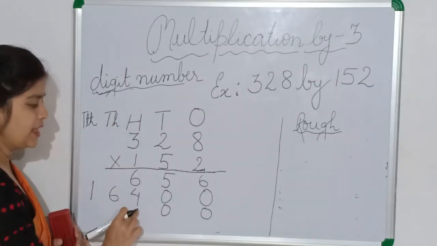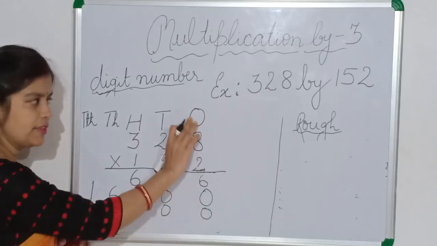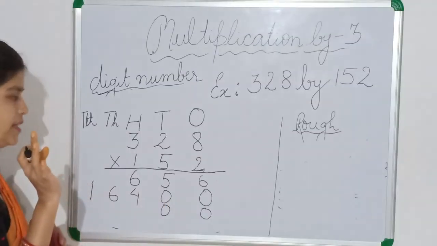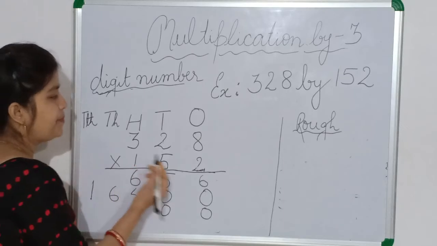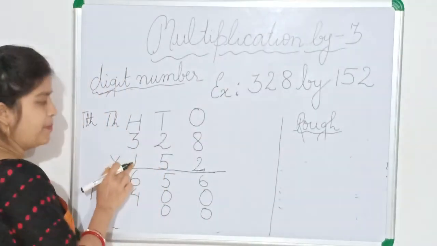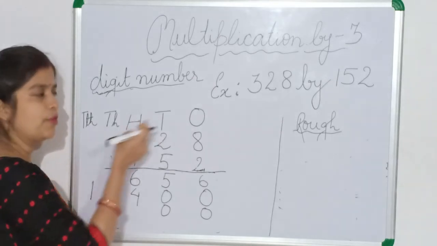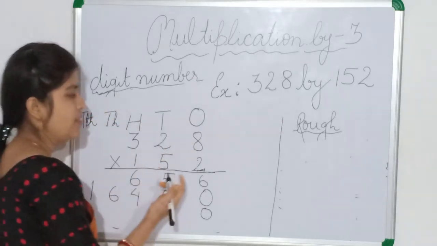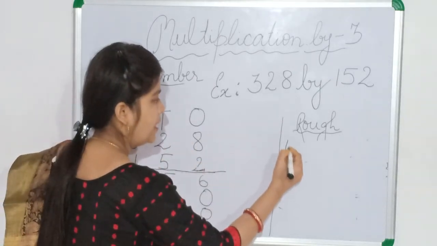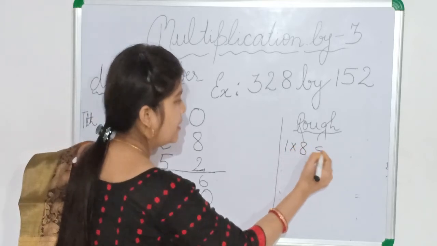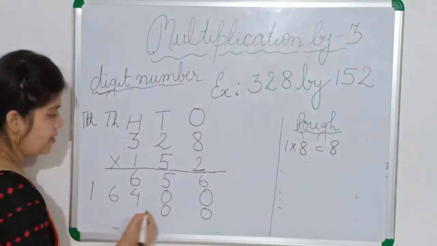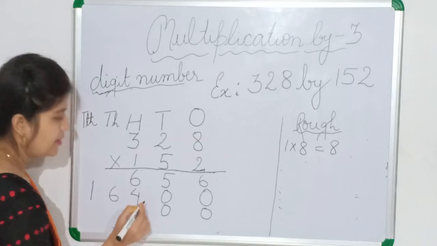So 0 in ones place also, 0 in tens place also I will write. So first I will multiply 1 into 8. Every time we will start from this side only, okay? From ones, tens, then 100. So here it is 1 into 8, that is 8. I will write here 8.